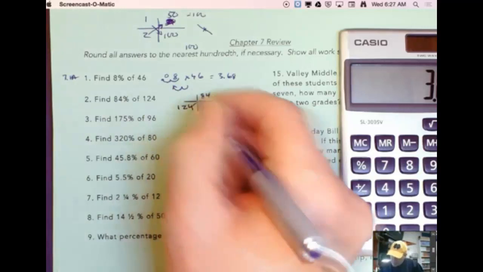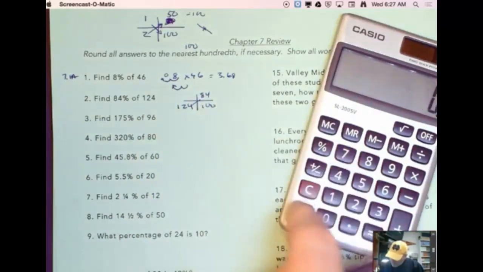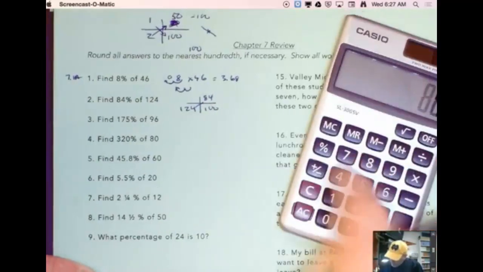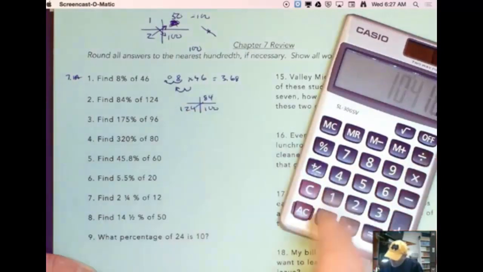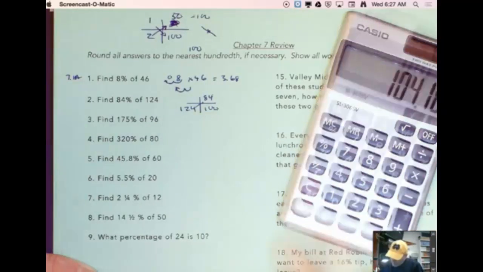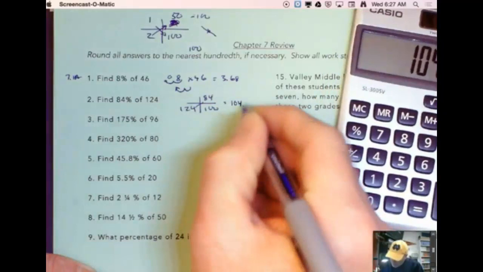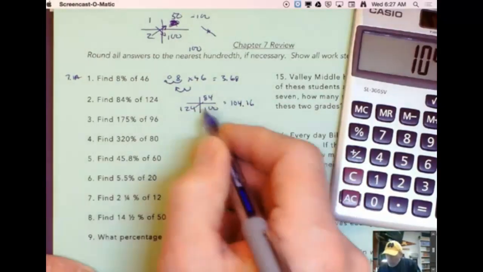You can multiply that out. 124 times 84 equals, now we're going to divide by the 100. Divide by 100, and that equals 104.16. Okay? So you don't have to move the decimal if you use the box.